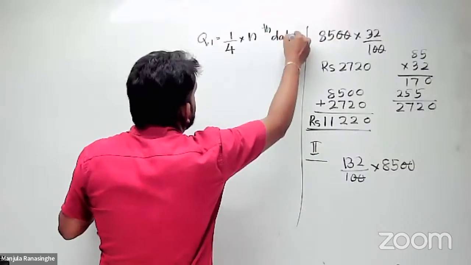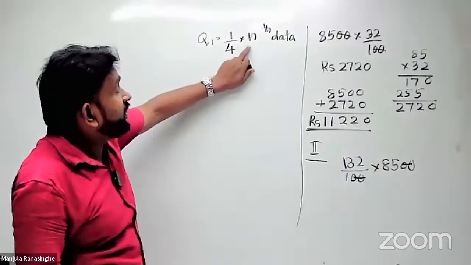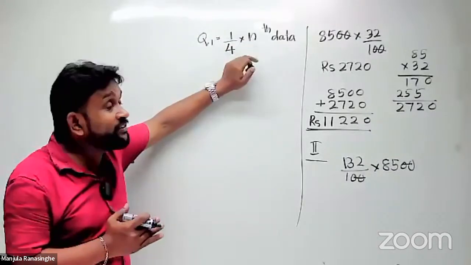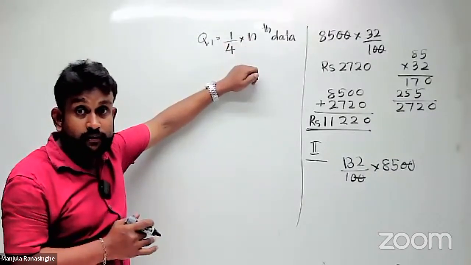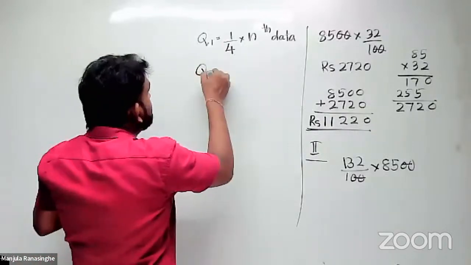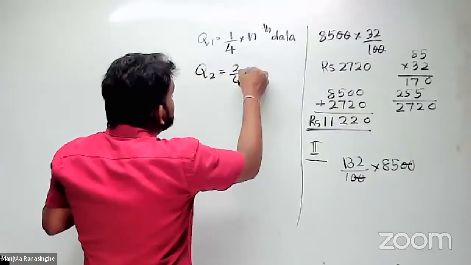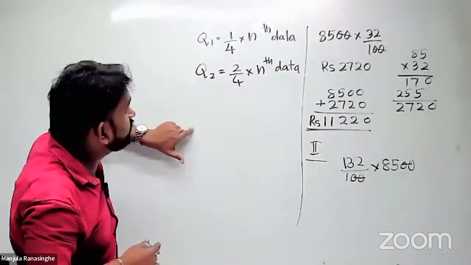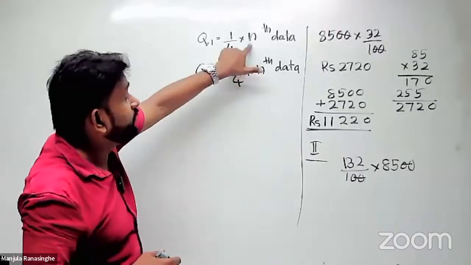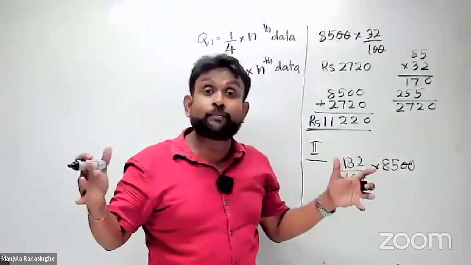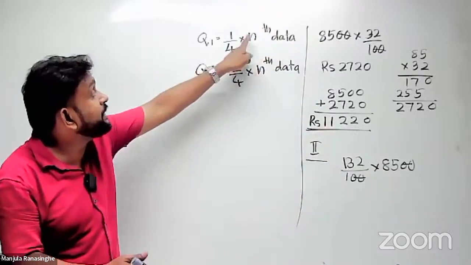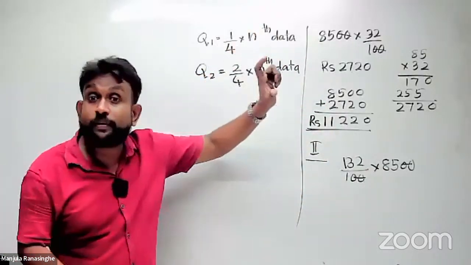If it is a small distribution, we apply n plus 1th data. Q2 is 2/4 into nth data. Especially for the cumulative frequency curve we use n. For a small range of data, we use the formula as n plus 1; n is replaced with n plus 1.